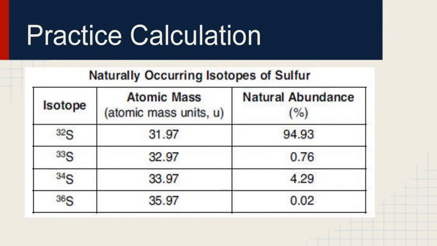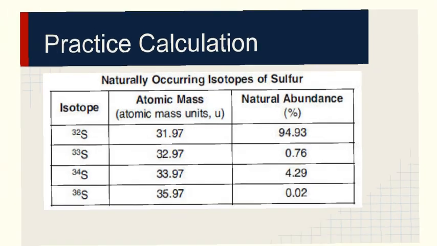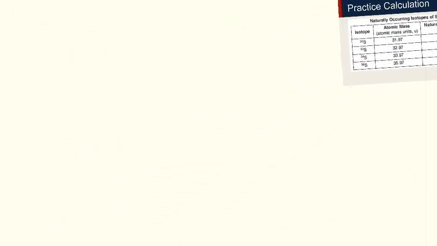Here's a final practice calculation. This particular one has 4 isotopes, so we're going to have to average 4 products together. So take a moment to copy down the information in your notebook and check your calculations against my work.